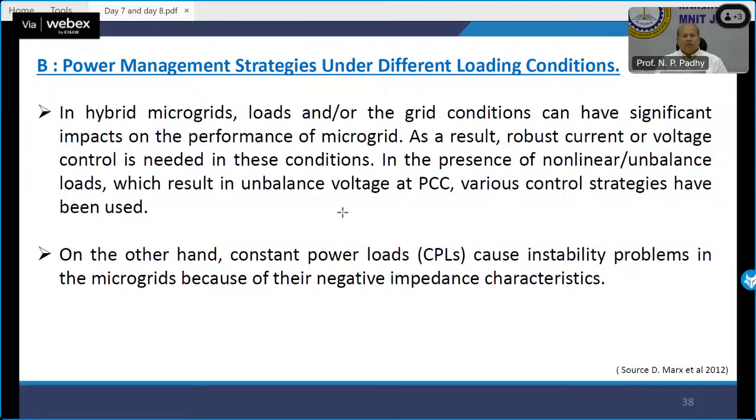So, power management strategies under different loading conditions, that is in a hybrid microgrid: the loads and or the grid conditions can have significant impact on the performance of the microgrid. As a result, robust current or voltage control is needed in these conditions, in the presence of nonlinear or unbalanced load.